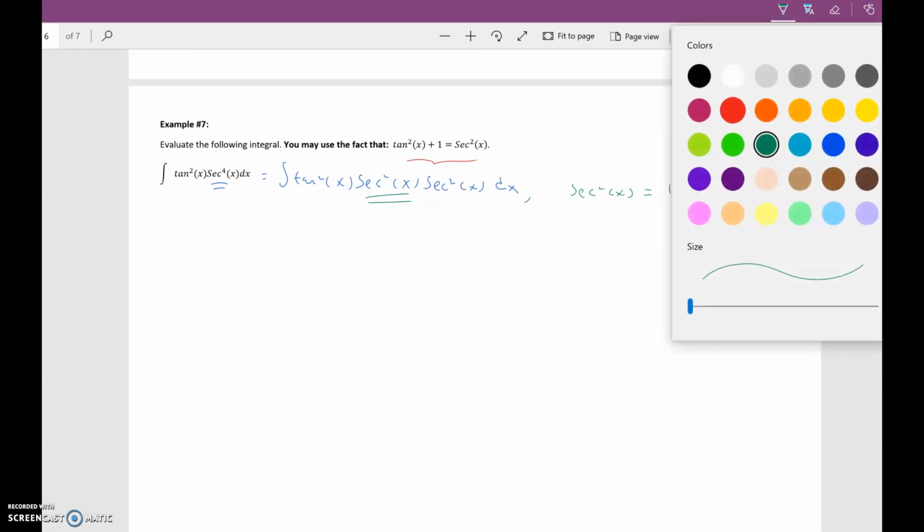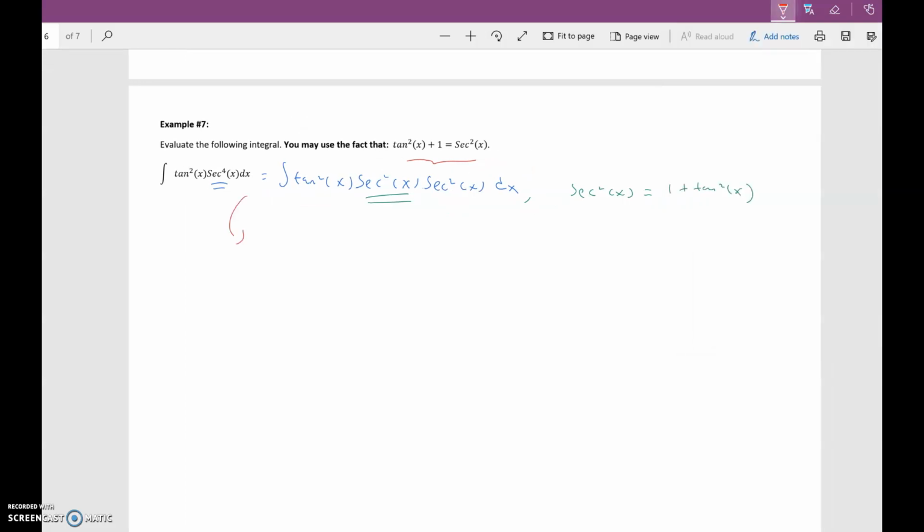Okay, so in this particular case, we're actually looking at this integral.